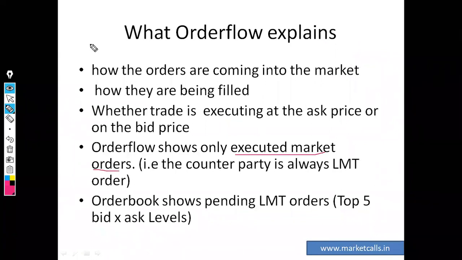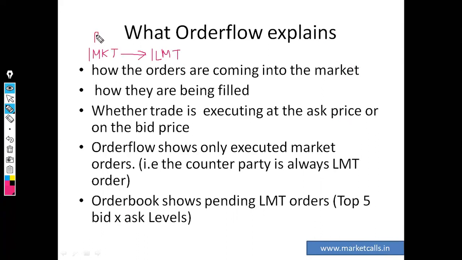So let's say I am executing one lot of market order. Then in the order flow, on the buying side, you'll see that one lot got traded, and on the counterparty side, someone would already have placed a limit order.